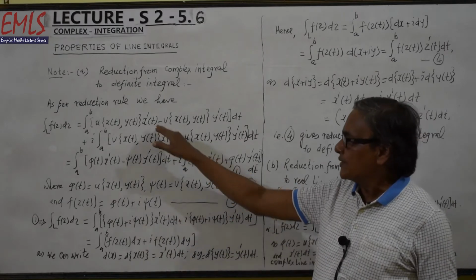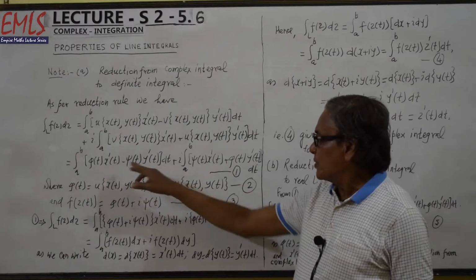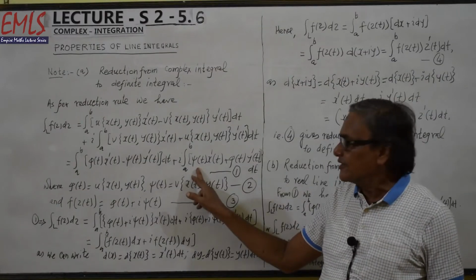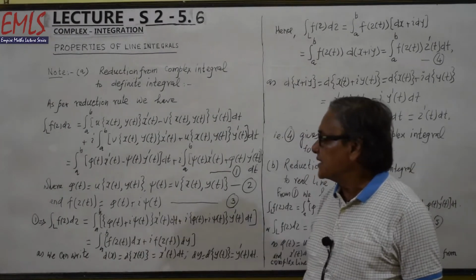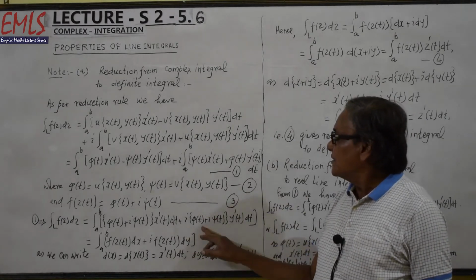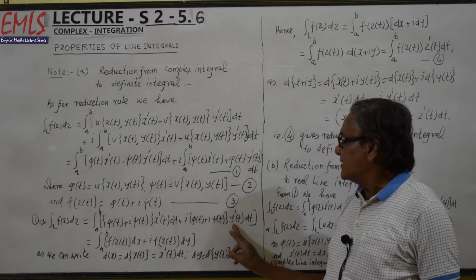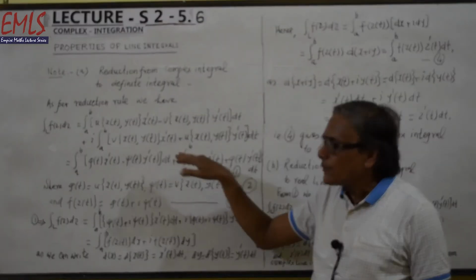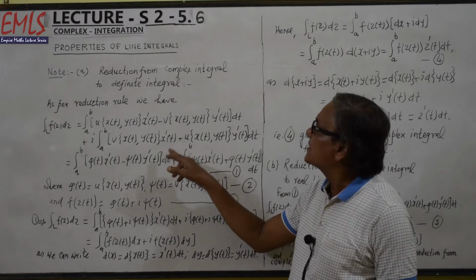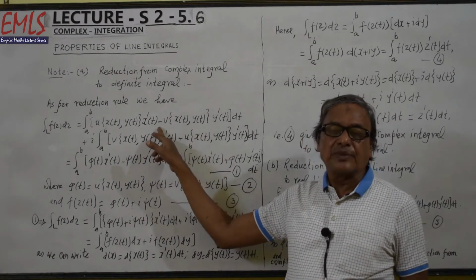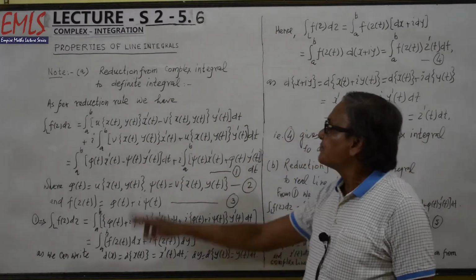Taking x'(t) common to both these, we shall get phi(t) plus i times psi(t) under the same sign of definite integration, plus i times [phi(t) plus i psi(t)] y'(t) dt, on taking y'(t) together with plus i as common, because this minus sign will be plus i squared.